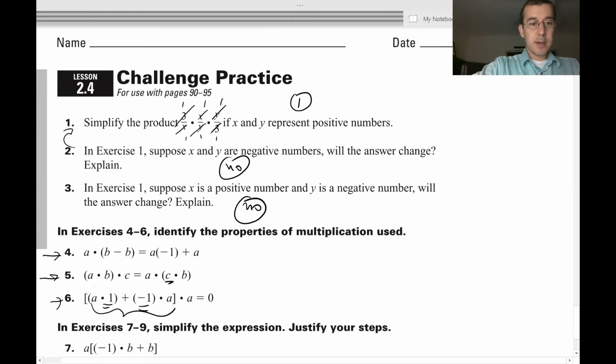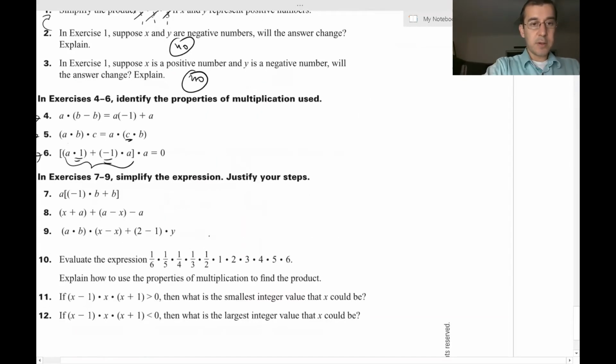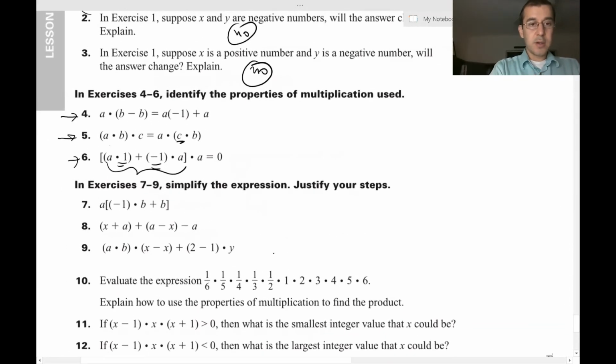Okay, in exercises 7 to 9, simplify the expression and then justify your steps. So here, number 7, we have a times -1 times b, that's minus b, and then plus b. Minus b plus b, that's 0, right? So these cancel, and then we have a times 0, which is 0.